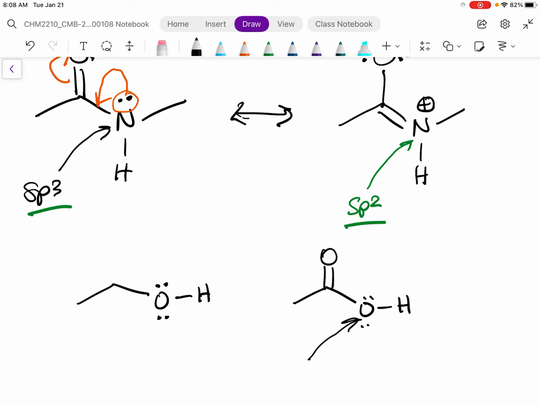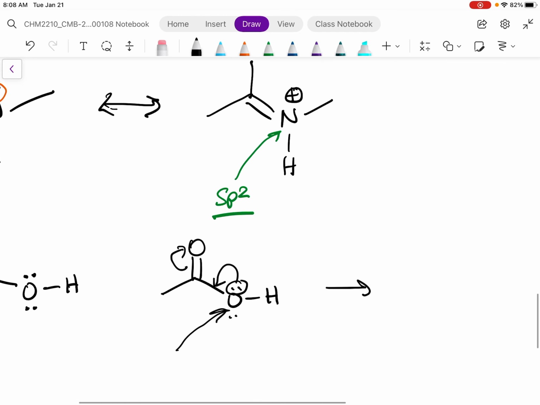Now that, after I said that, reevaluate. What did you miss? You missed the concept: are those lone pairs localized or delocalized? Look at that lone pair right there. I can bring that down and resonate it. And when we resonate, that lone pair forms a double bond.